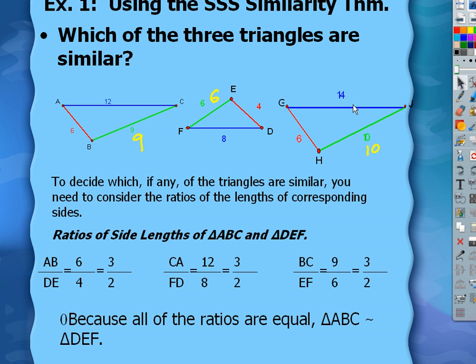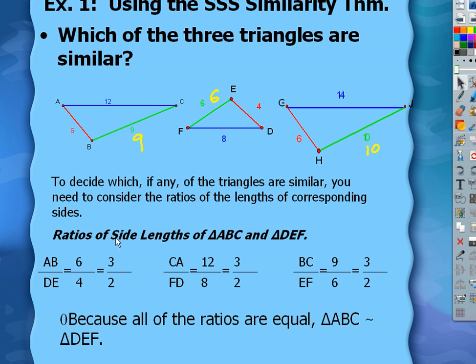Let's look at the ratios of the red sides. Let's compare the first two. So if we do big to small triangles, we get 6/4 is the ratio of the red sides. What about the blue sides? The blue sides we're going to get 12/8, right?